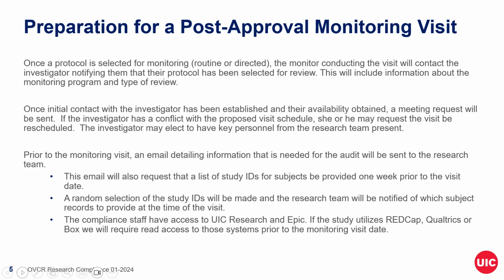We try to make sure that it's distributed, especially if there are different arms to the study, so that we're getting an equal pool of everything. And we will ask that those be provided 1 week prior to the visit date, so that we can let the study team know which records to present to us when we arrive for the visit.